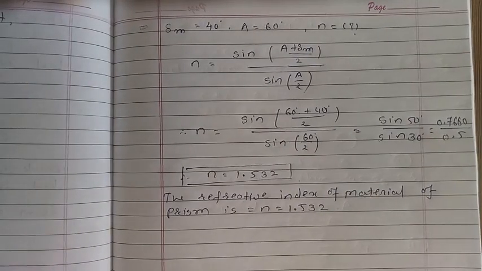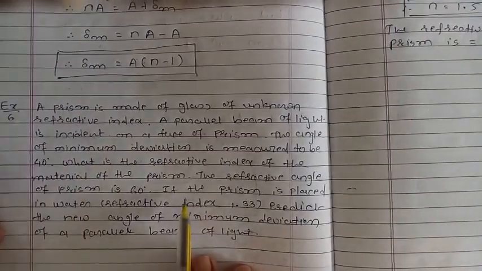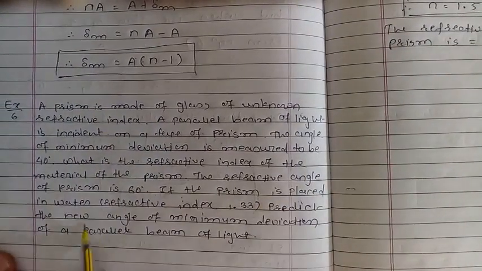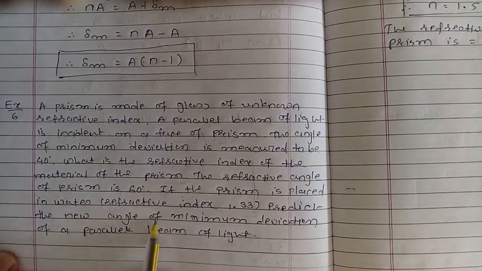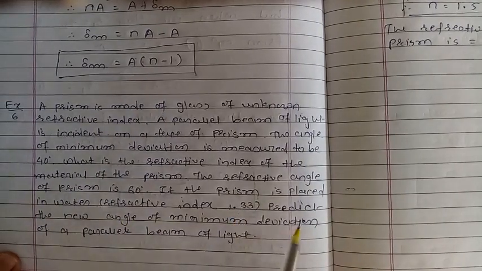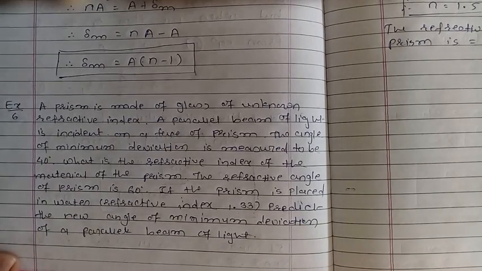Now see this, if the prism is placed in water, refractive index 1.33, then predict the new angle of minimum deviation. Now our medium is water.